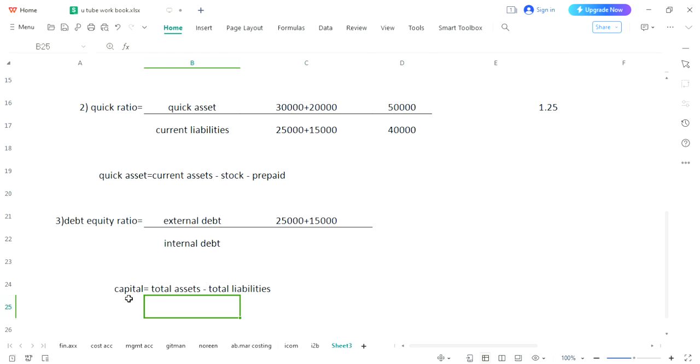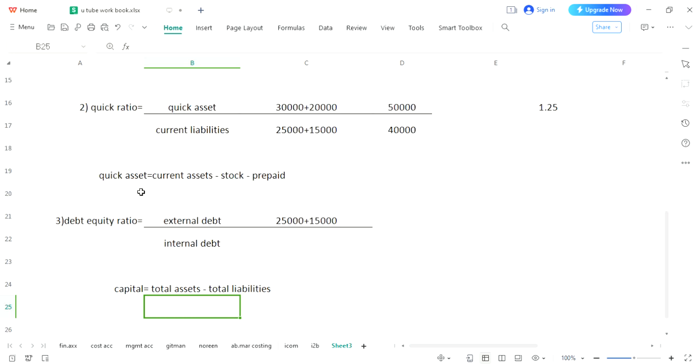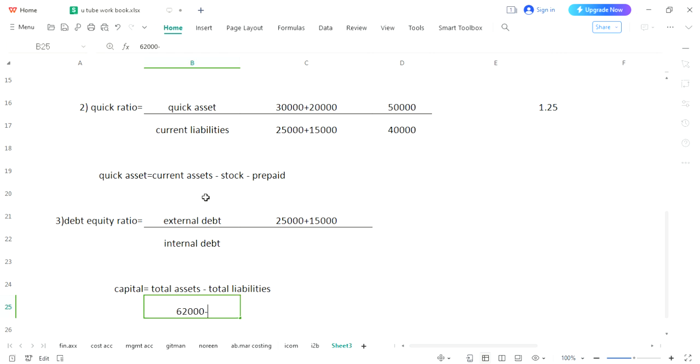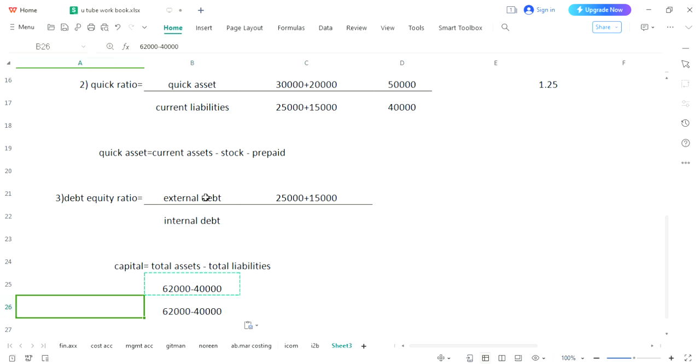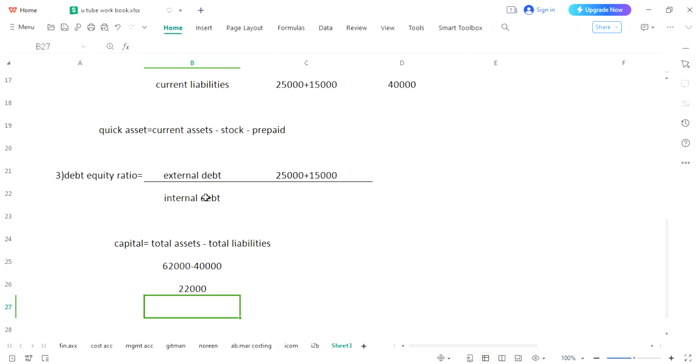Let's go back and see how many total asset, 62,000. Put it over here and just subtract total liabilities, and here we have liabilities 40,000. Just put it down over here. So in this way we can put these amounts on calculator, where all assets we have taken and subtracted liabilities.